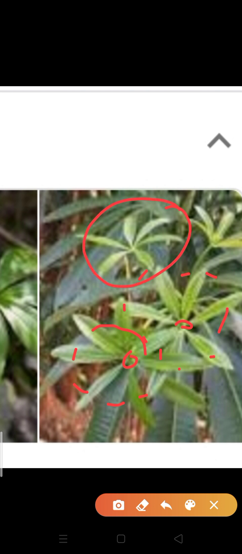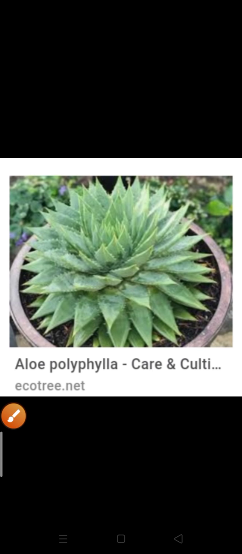You can observe it by yourself. From one node, more than two leaves arise. When two leaves arise, that time it's known as opposite. When one leaf arises from one node, it's known as the alternate type. You will say, ma'am, how is it possible? It looks like a whorl.